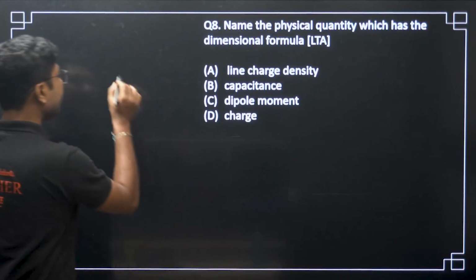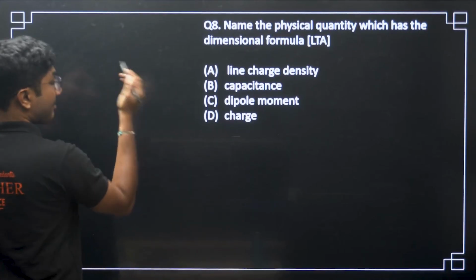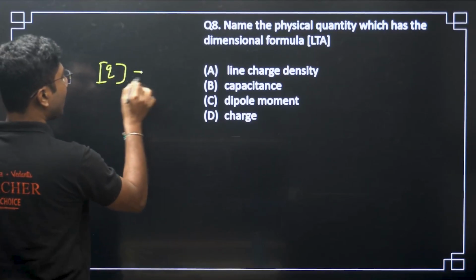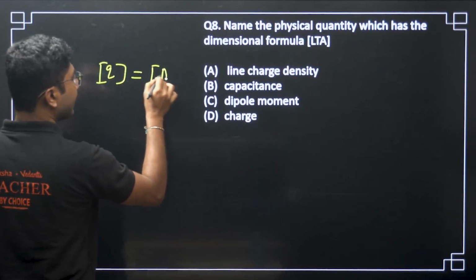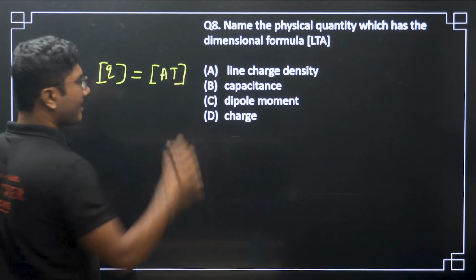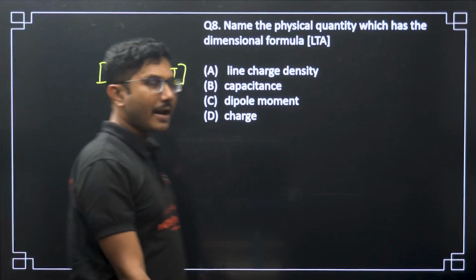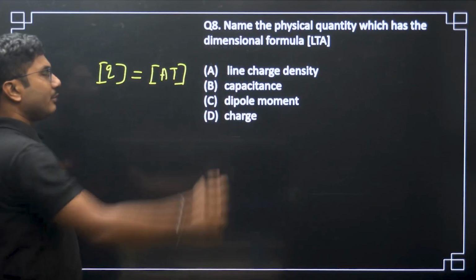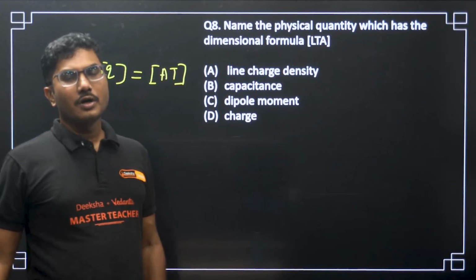Now if you know that the dimension of charge is given by ampere into time or time into ampere. A is the dimension of current, right? A into T is the dimension of charge.